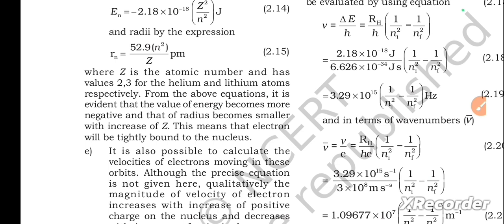From the above equations, it is evident that the value of energy becomes more negative and that of radius becomes smaller with increase of Z. This means that the electron will be tightly bound to the nucleus.